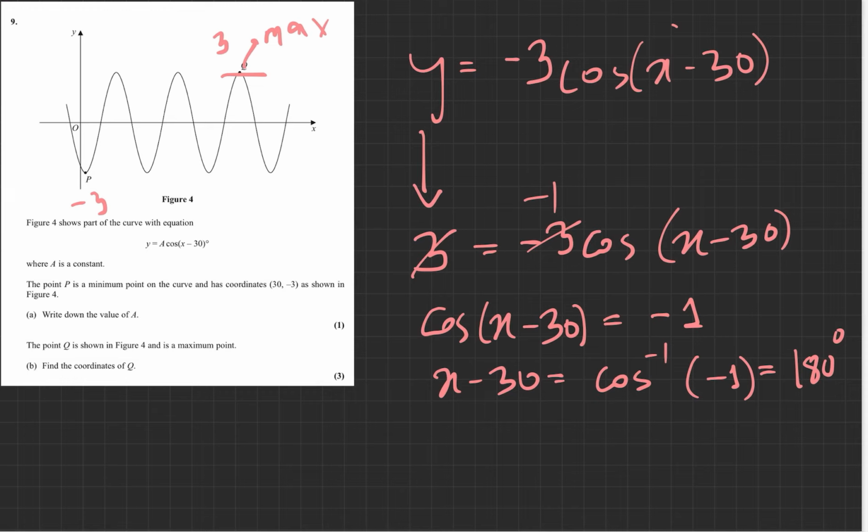So what you need to understand now is when you do a cos inverse, it's only going to give you the first part of that equation. So it's only going to give you the first minus 1, okay? Because it's a cyclic value, right? So what we have found out with 180 is this one.